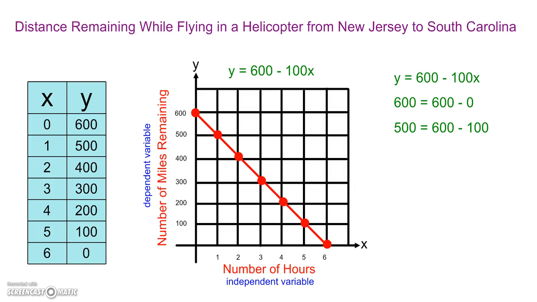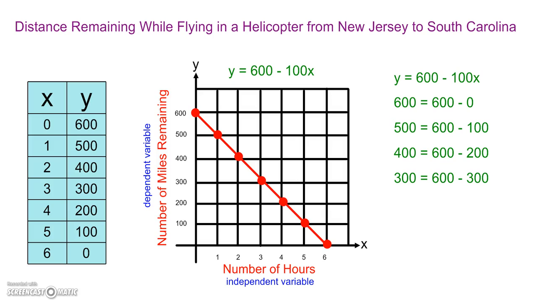Good, that works. I'm going to check all of my data points just to make sure my equation is always true for all values of x. So when x is 2, that's 600 minus 200 is 400. That checks with my value from my data table. Now I'll substitute in 3. When x is 3, that's 600 minus 300.